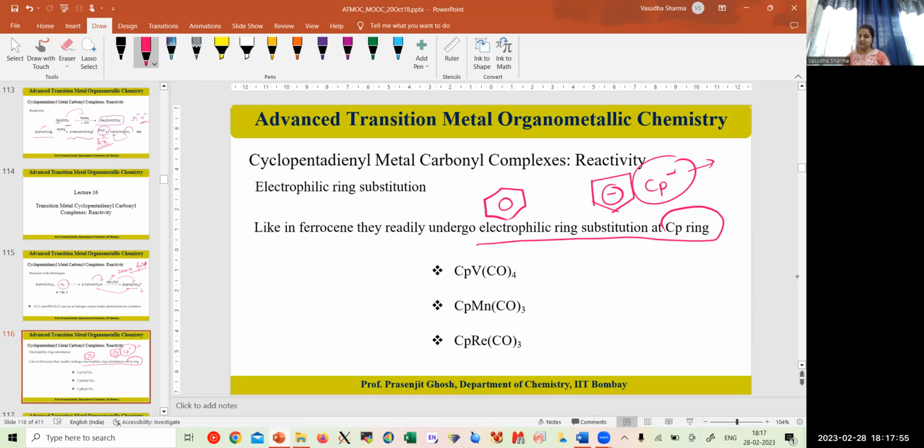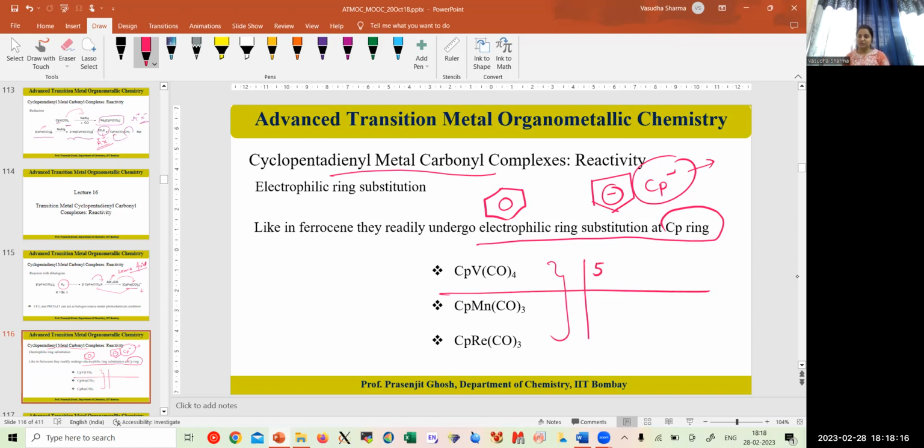Similarly, as we have seen in the ferrocene case, complexes where the metal carbonyl group is also present will also give electrophilic ring substitution on the Cp ring. Some of those complexes are CpV(CO)4 and CpMn(CO)3, and we can calculate the total valence electron count.